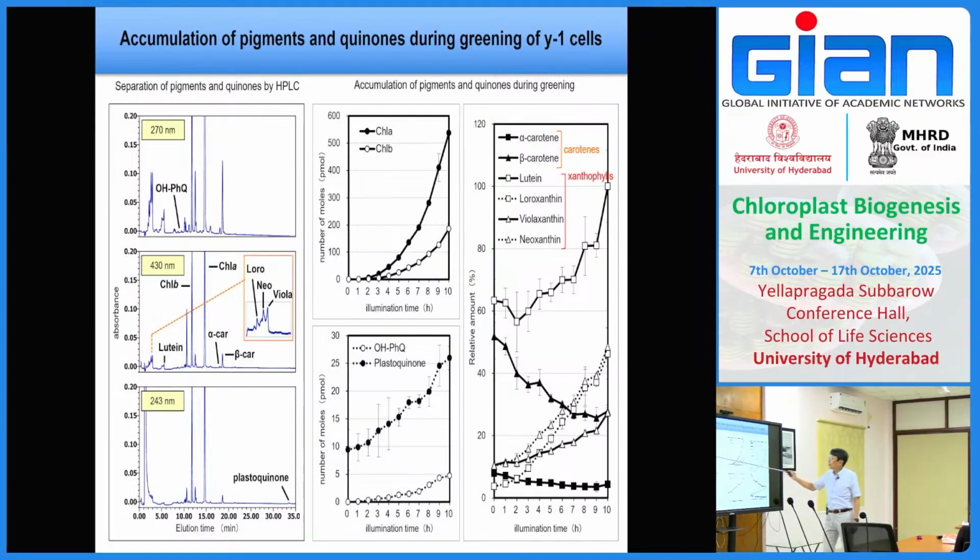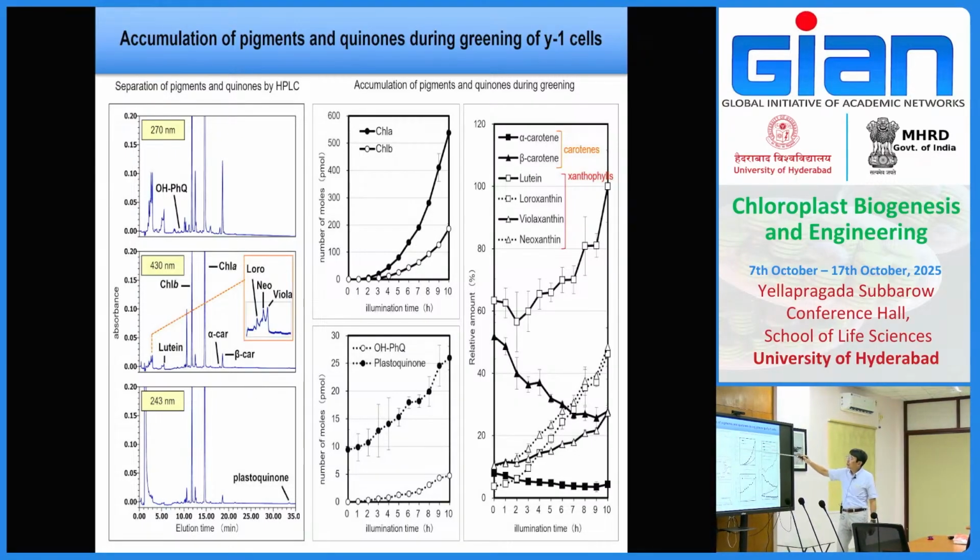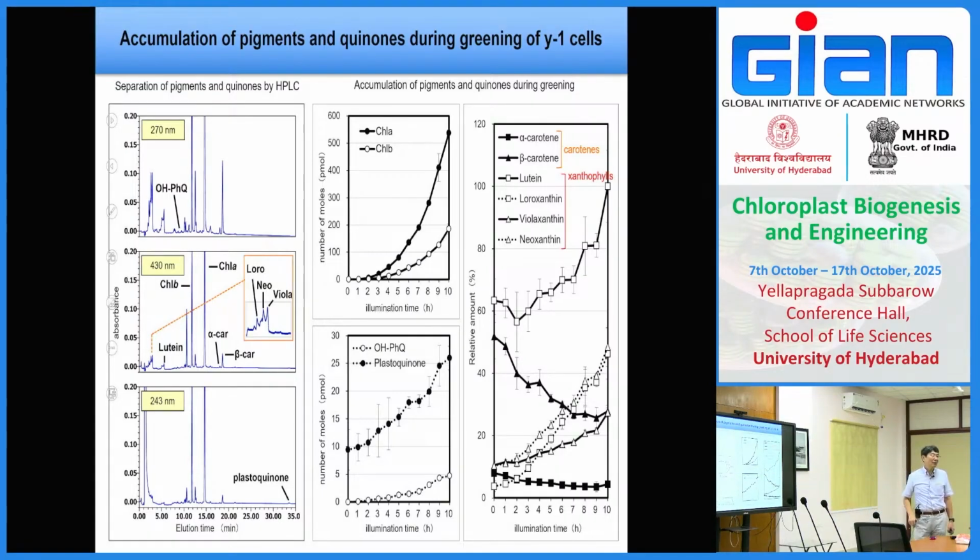This is the elution time, and depending on the component, the absorption peaks are different, so you can choose the detection wavelengths. This is an example: at 430 nanometers you can detect the chlorophylls and the carotenoids.